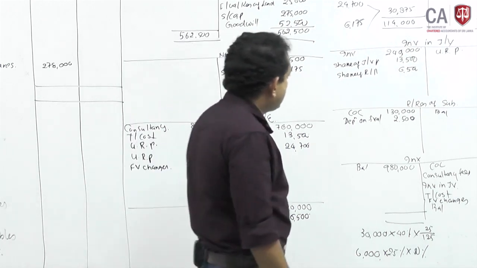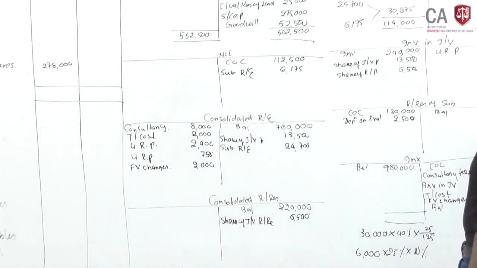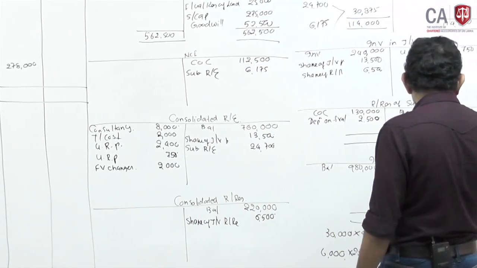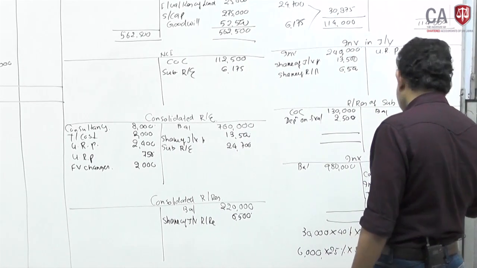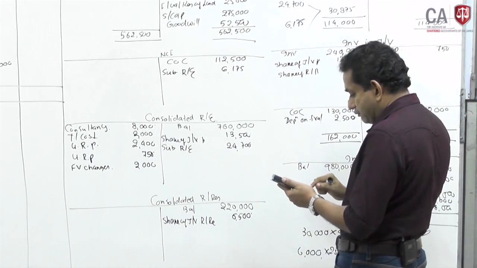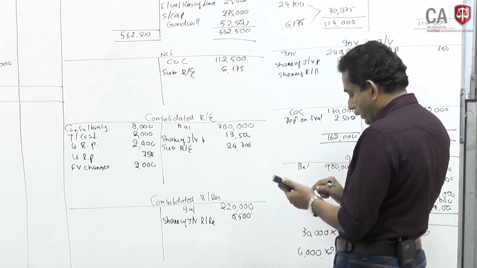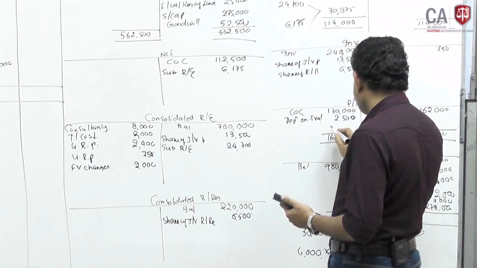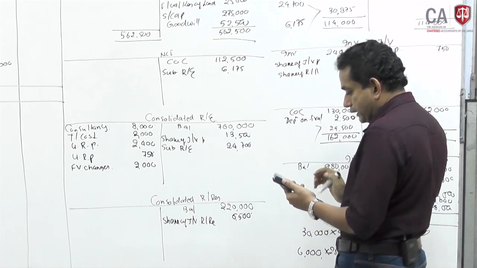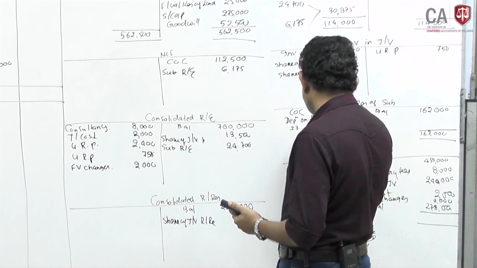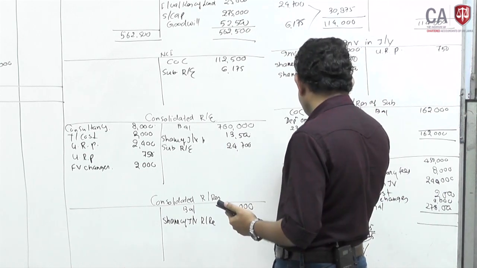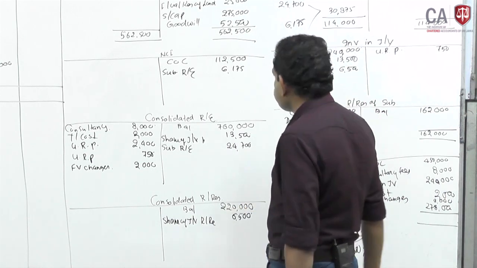Then we will close up subsidiary company's revaluation reserves, 162,000. Let us take the balancing figure: 162,000 minus 132,500, 29,500, into 80% is 23,600. 5,900 should go to NCI.